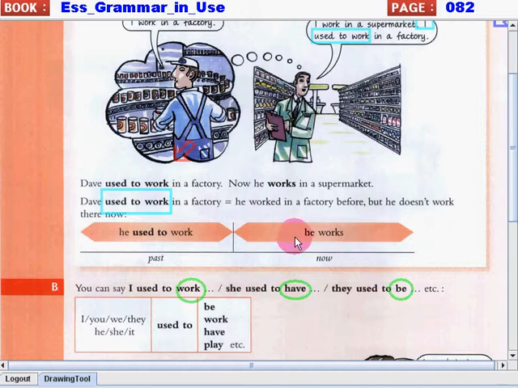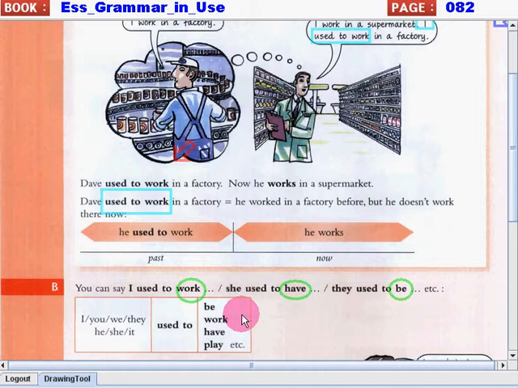Now, what is the structure? Most of the time, we use this form: subject plus "used to" plus the main verb. We can use the pronouns I, you, we, they, he, she, it, followed by "used to" and then the main verb.